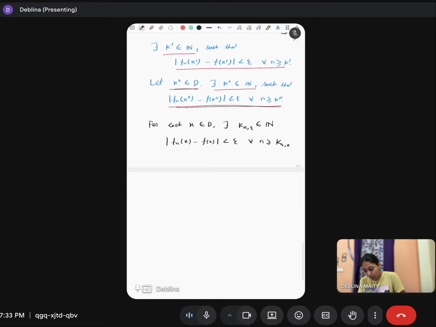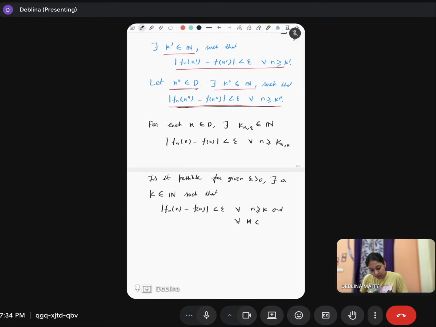Now, is it possible that for a given epsilon greater than 0, there exists a natural number K belongs to N such that |f_n(x) minus f(x)| is less than epsilon for all n greater than or equal to K and for all x belongs to D?